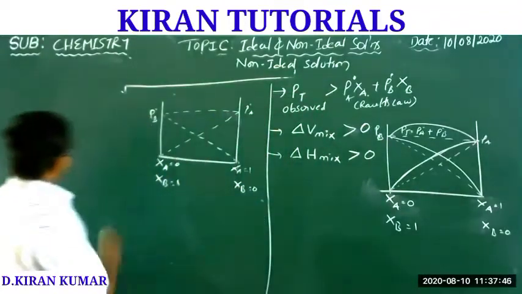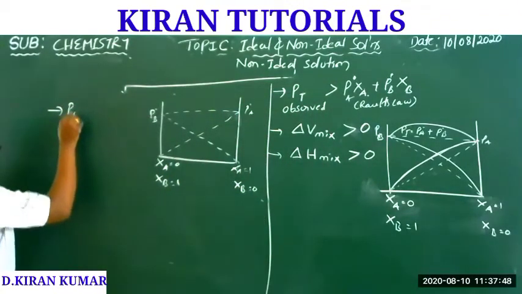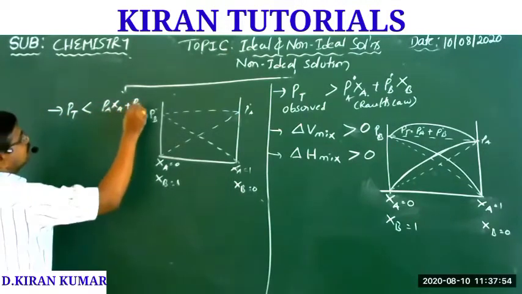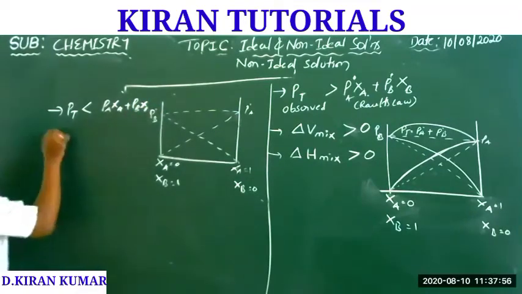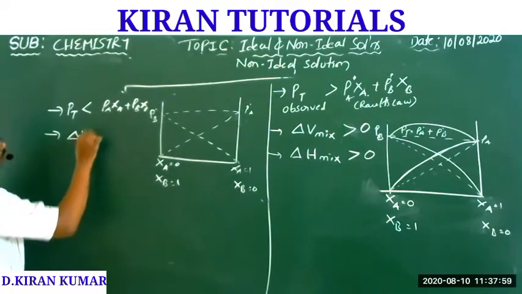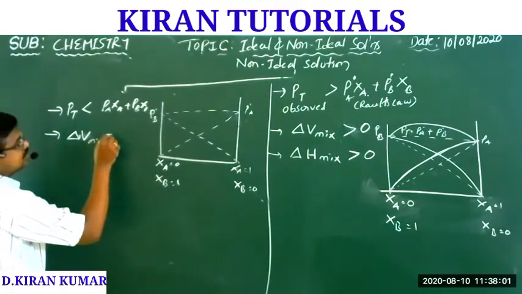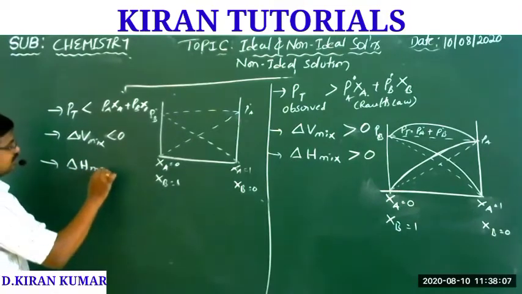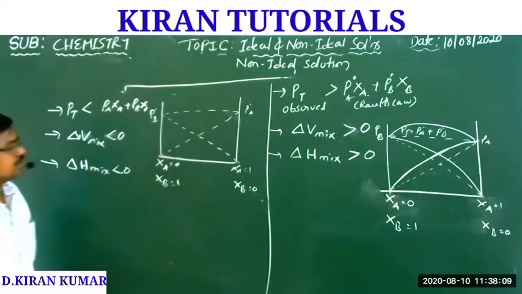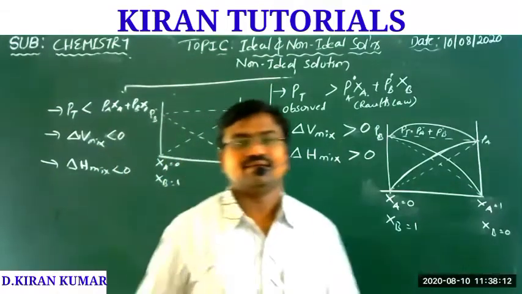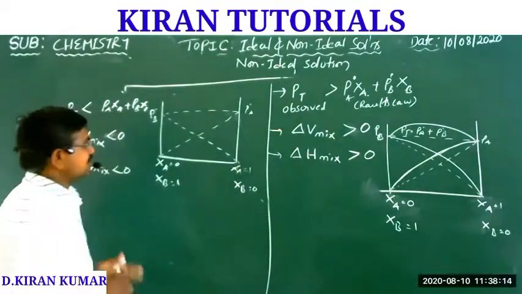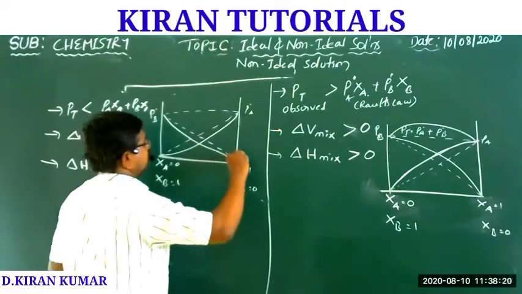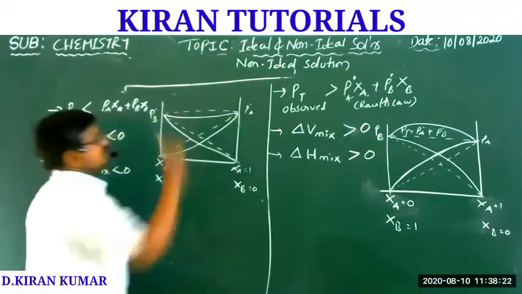Less than predicted means here P total is less than Raoult's law, and delta V mix is less than 0, and delta H mix is less than 0. It is a pressure predicted from Raoult's law, but it is less than predicted.